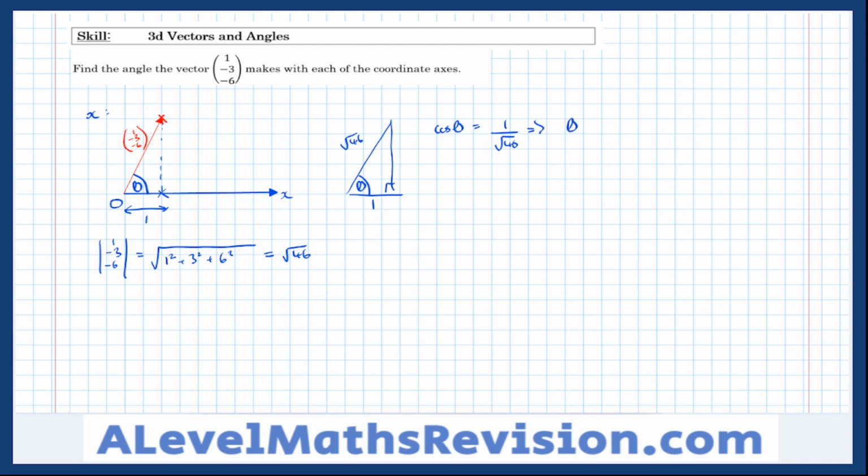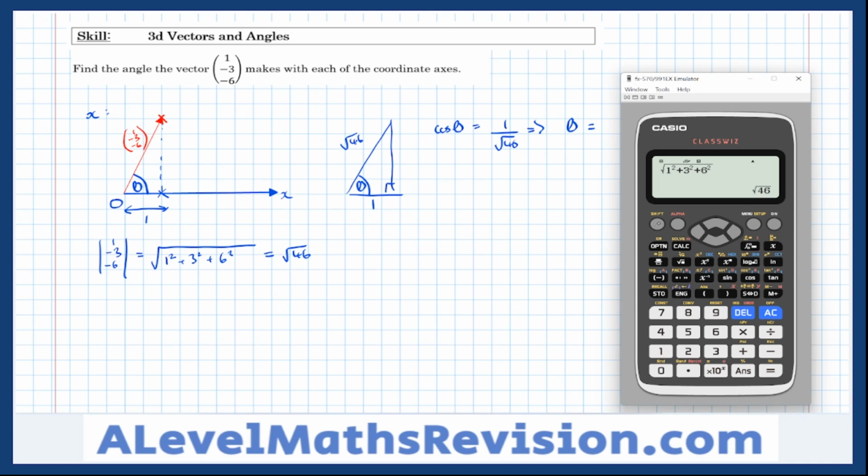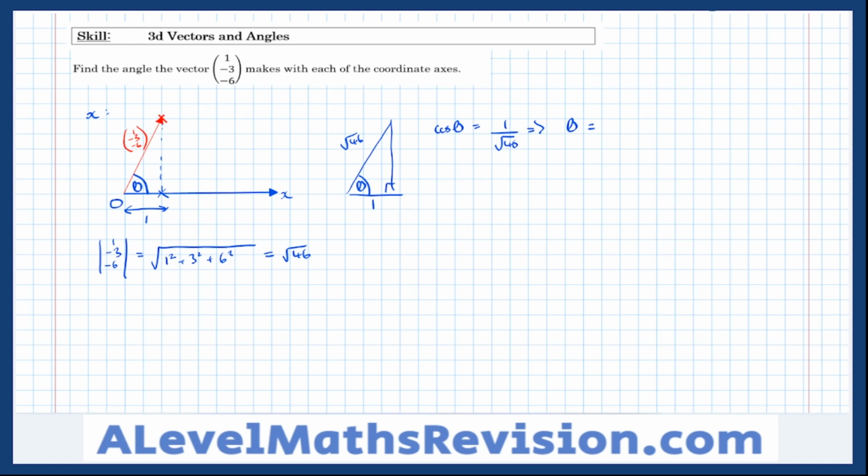Therefore theta equals, and I'm going to give this answer in degrees, since typically in vectors we give answers in degrees, so calculate in degrees mode, the inverse cos of 1 over root 46, which gives an angle of 81.52 degrees. So that there is the method.